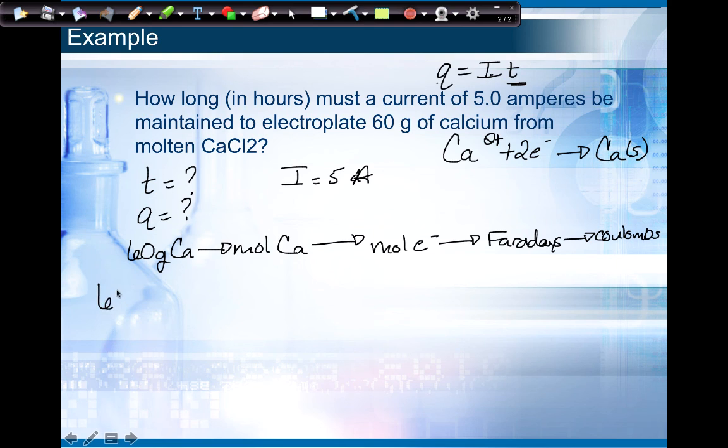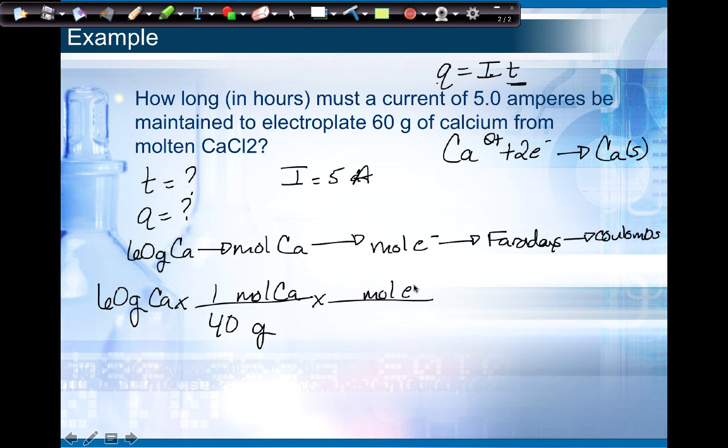So I have 60 grams of calcium. Go to moles of calcium first. I believe it's about 40 grams per mole. Then I can go to moles of electrons. Moles of calcium will be on the bottom, so moles on top of moles. I have 2 moles of electrons for every 1 mole of calcium.